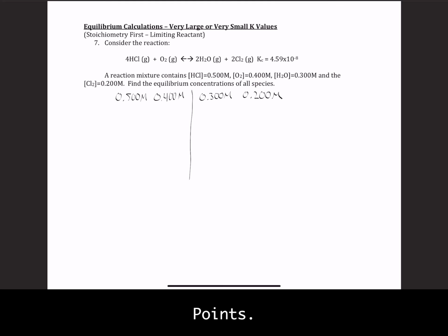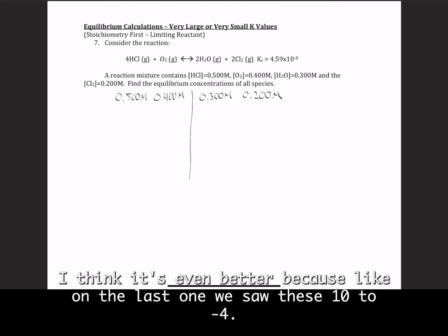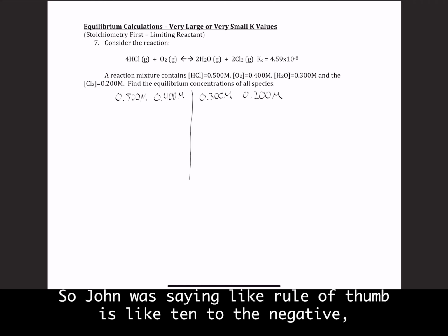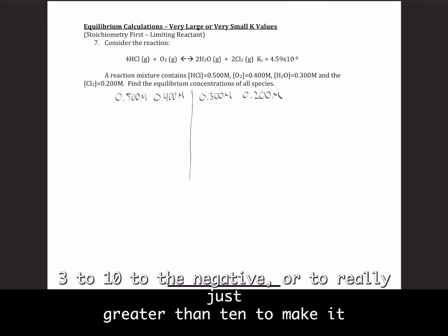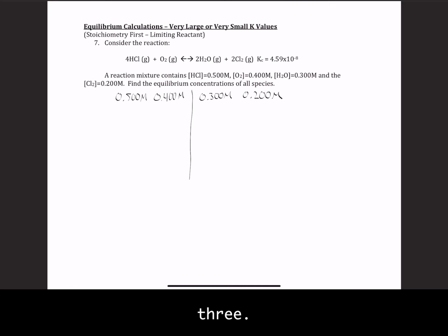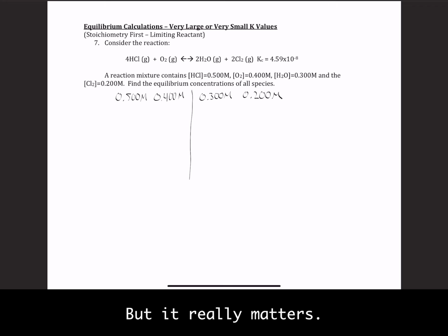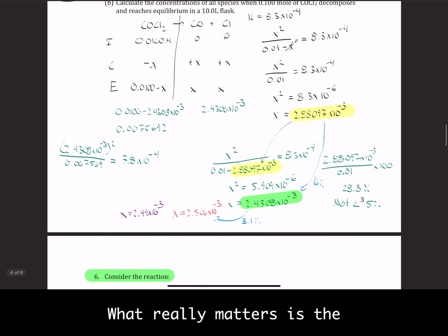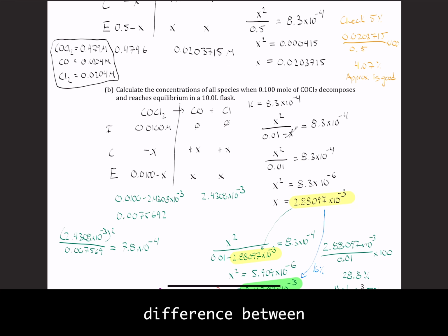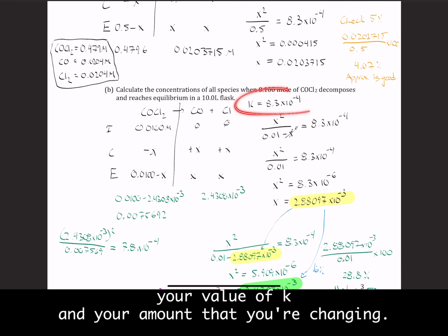That's probably a good rule of thumb. I think it's even better because, like on the last one we saw, we used 10 to the negative 4. So Jonathan was saying the rule of thumb is like 10 to the negative 3, or actually really just greater than 10 to the negative 3. Or smaller than 10 to the negative 3. You could use small x approximation. But what really matters is the difference between your value of k and your amount that you're changing.